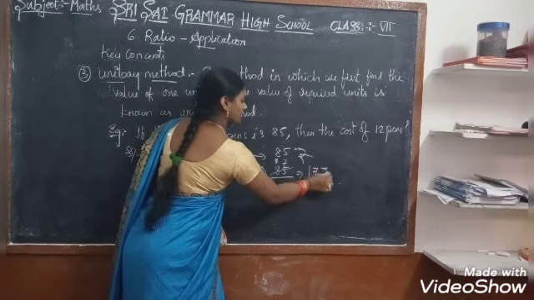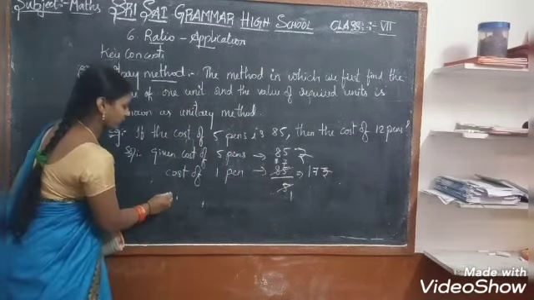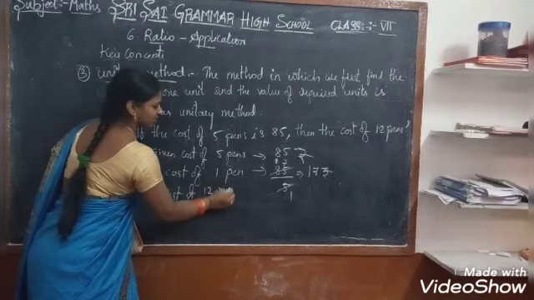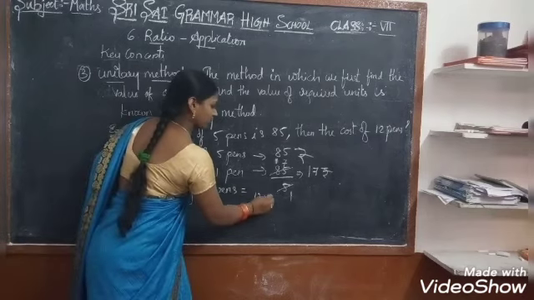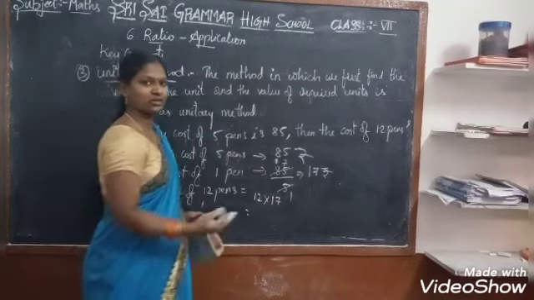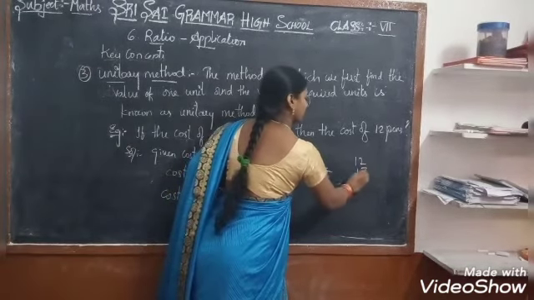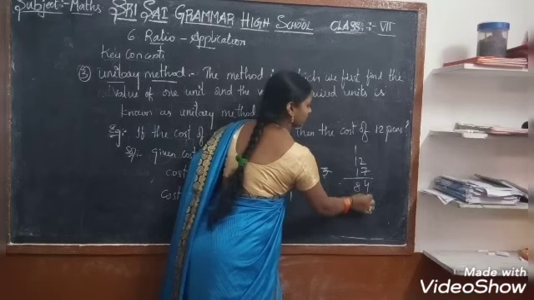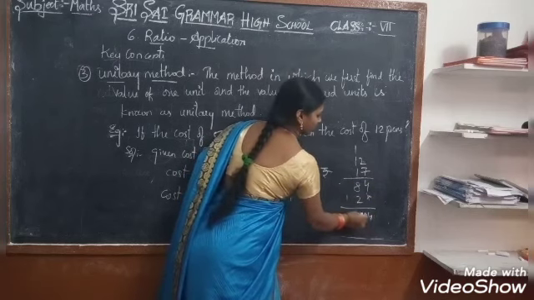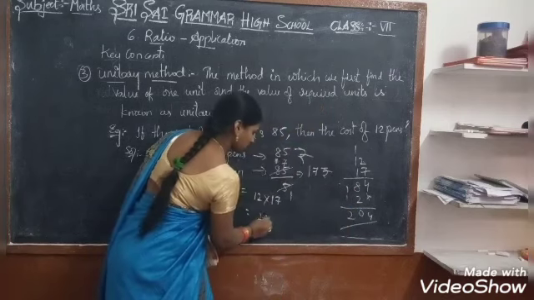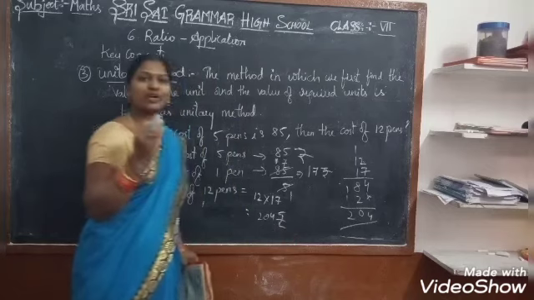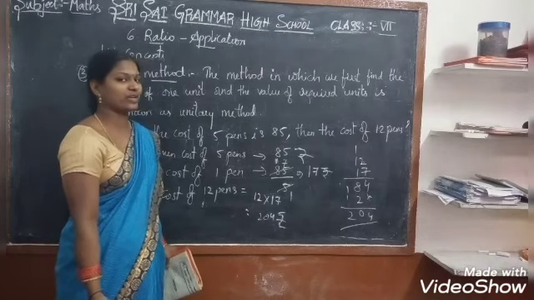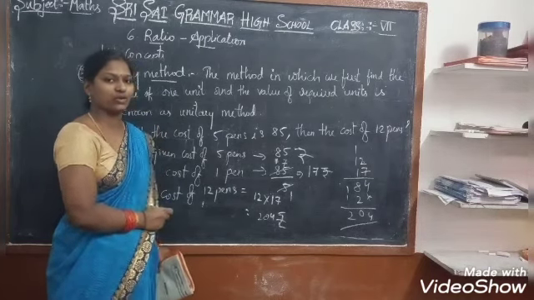The cost of 1 pen is 17. Then the cost of 12 pens equals 12 into 17. 7 2s are 14, 7 1s are 7, plus 1 2 is 2, 1 1 is 1, so 204. The cost of 12 pens equals 204. Okay?